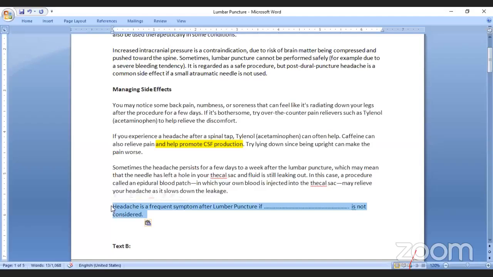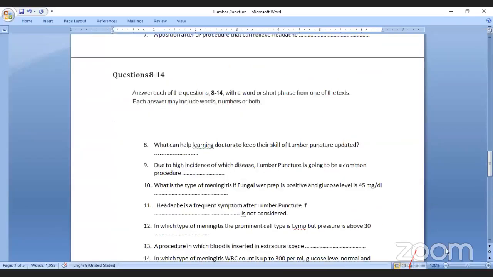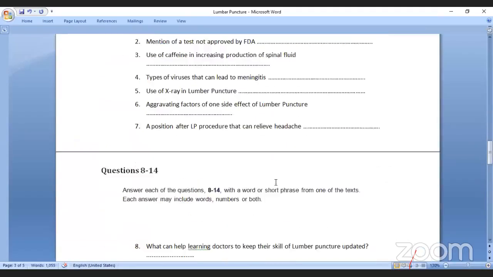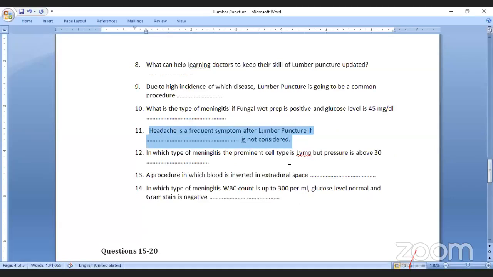First, let me tell you what the strategy is, what the examiner wants. This sample is written by myself. These are the things to discuss, the tips that can help you in the exam, because overall you have a lot of samples to practice. Number one, I have used headache, which is a side effect.